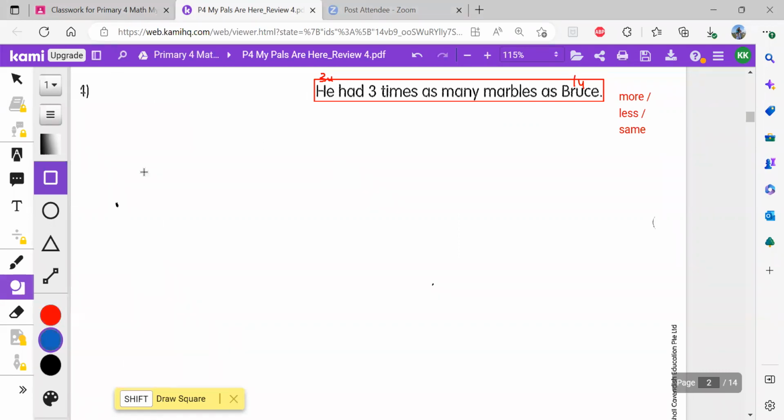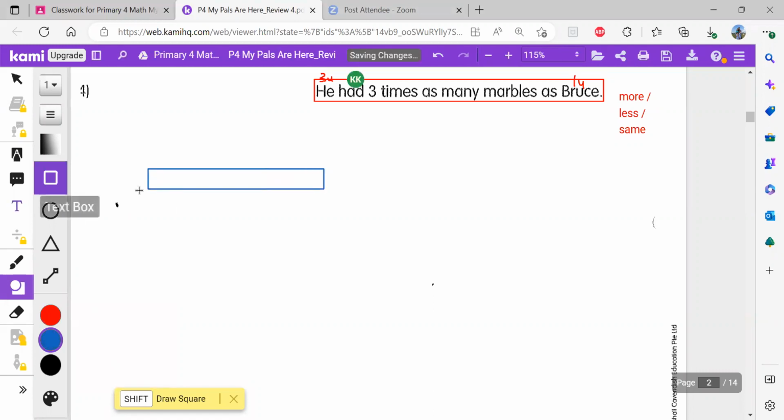Okay, so let's draw a rectangle. Iskandar has 3 times, so equivalent to 3 units. It is important for you to draw 3 units of about the same length. These 3 units must look the same length. You cannot draw one big, one small, cannot.